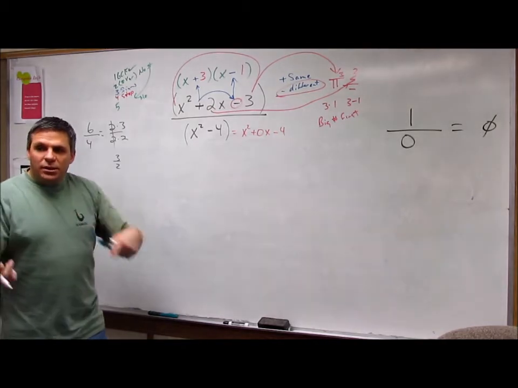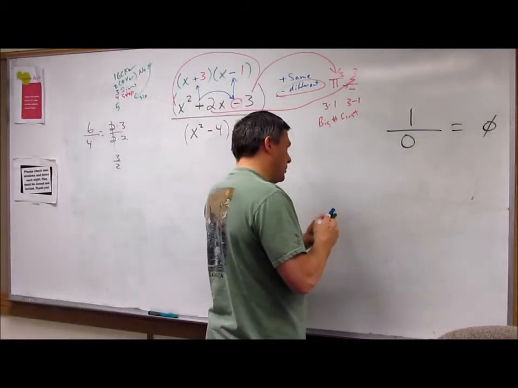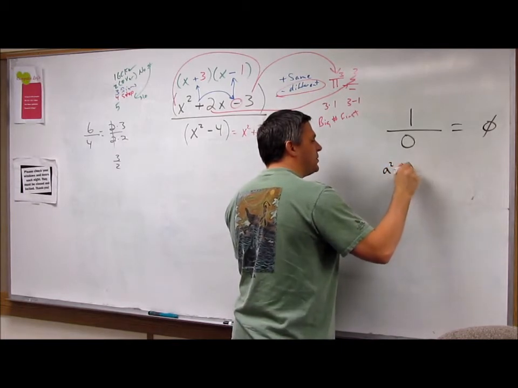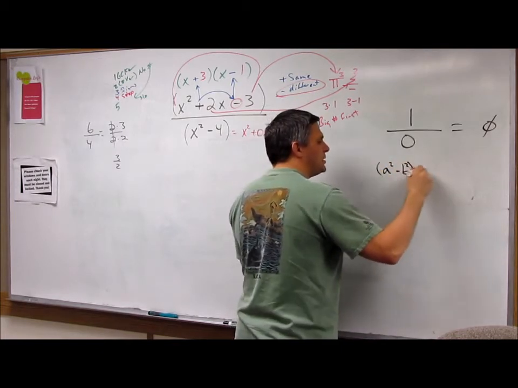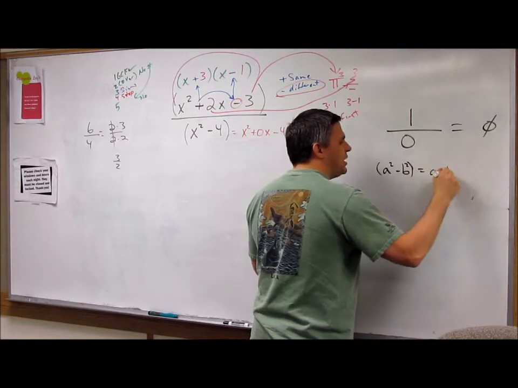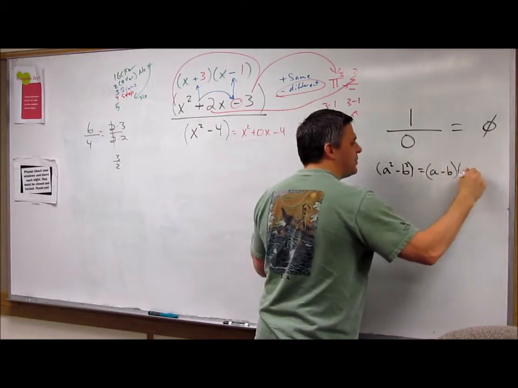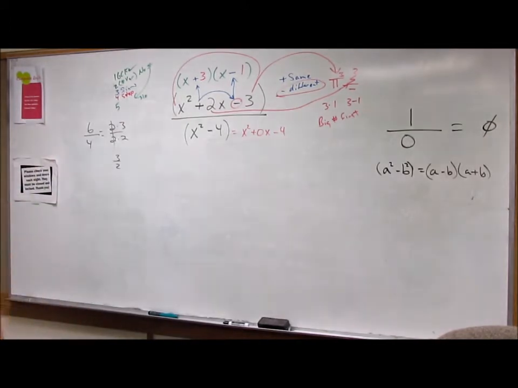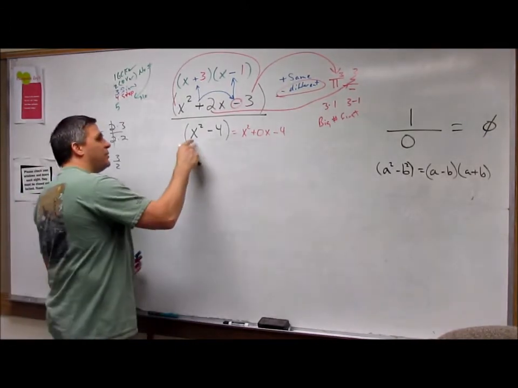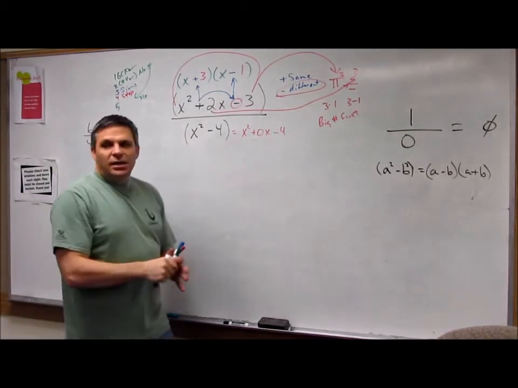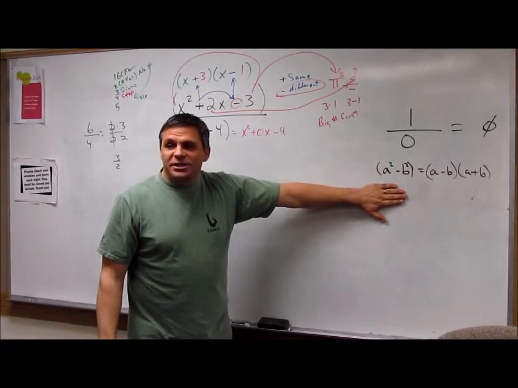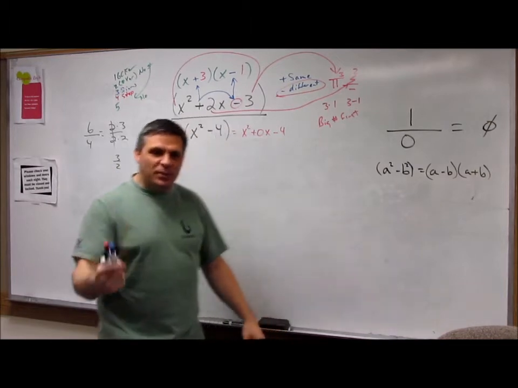Or you can use your formula: a squared minus b squared is equal to a minus b, a plus b. If I'm going to do the formula method, I have to put this into the formula, so I have to have squared minus squared. I have to have a difference of squares.